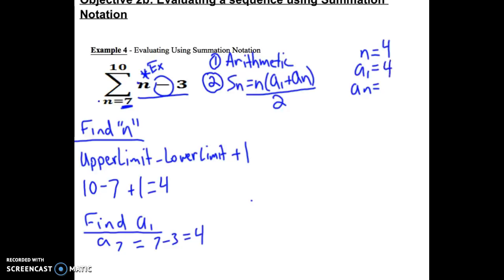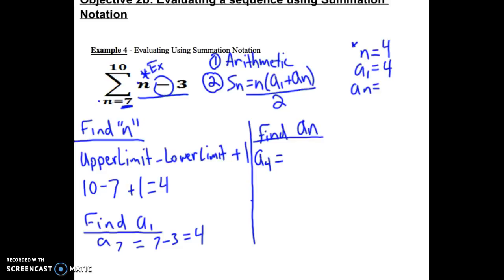So 4. And then finally a sub n. To find a sub n, I know that n is 4, so that means I have to find a sub 4. Whatever n is, I have to find it, a sub 4.